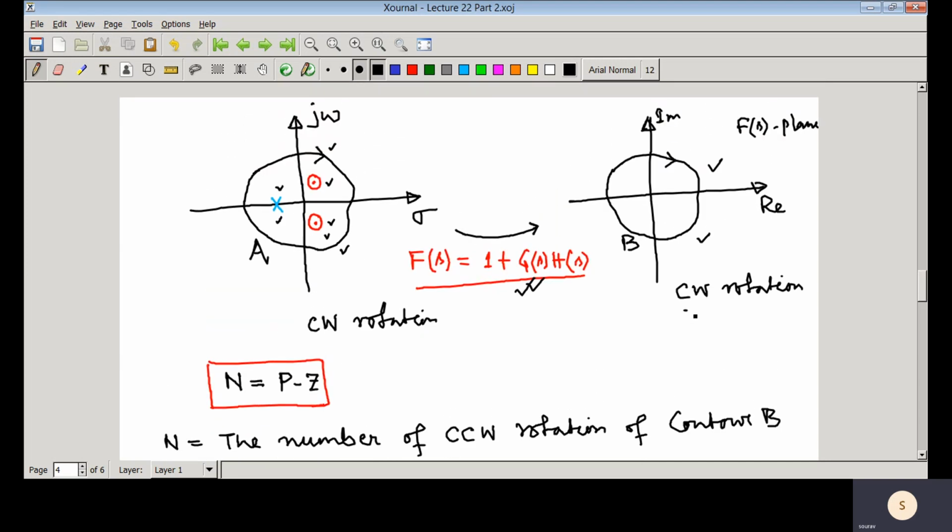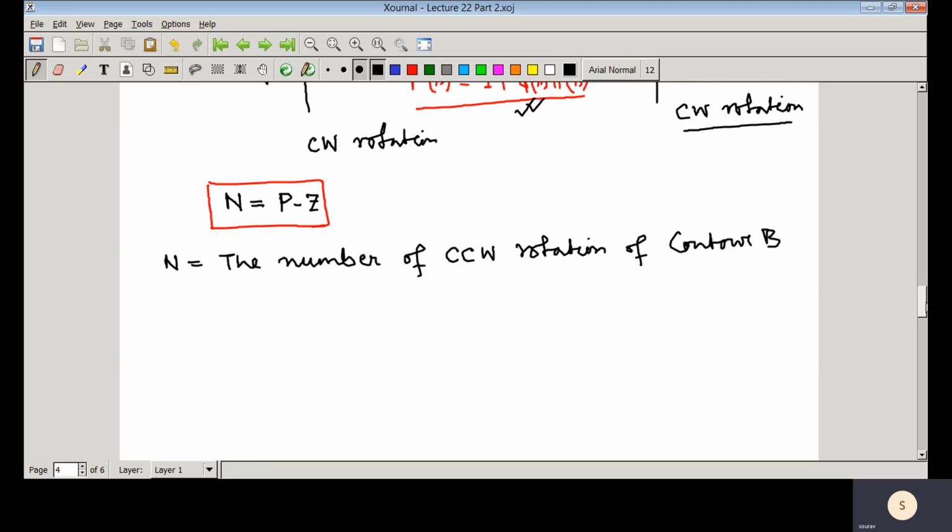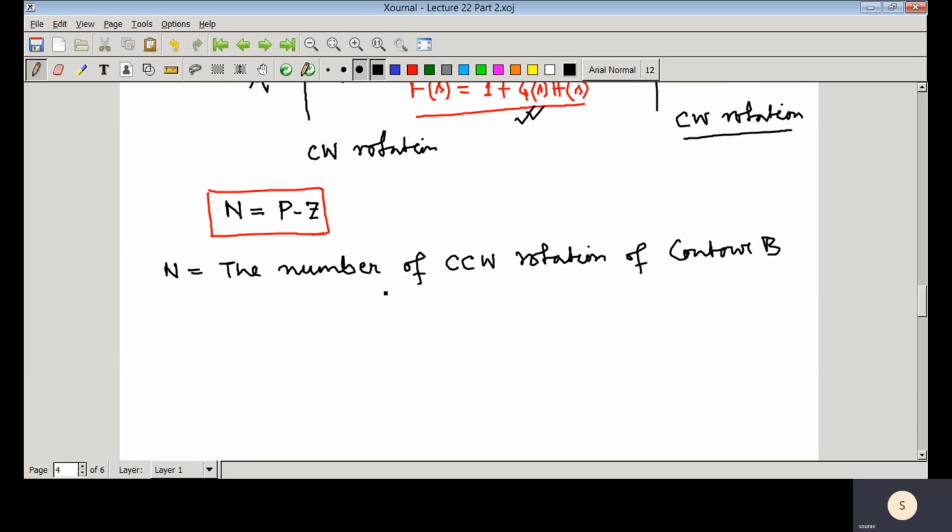In this case we have taken clockwise rotation. So N indicates the number of counterclockwise rotations of contour B about the origin.